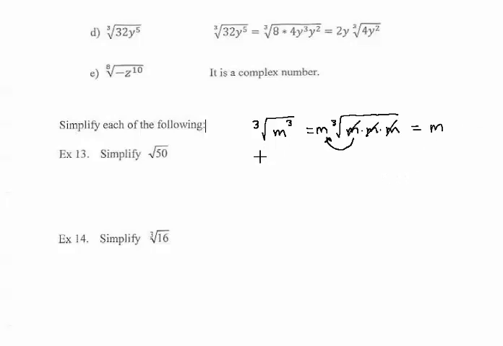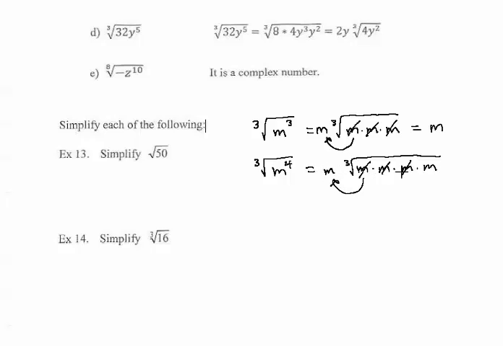Okay. Now let's say, for instance, we had a cube root of m to the fourth power. Well, that would mean we had the cube root of 1, 2, 3, 4 m's. Well, we still have the rule here in our index number that we need 3. For every 3 that we can take out, that we have inside, we can take out 1 m.